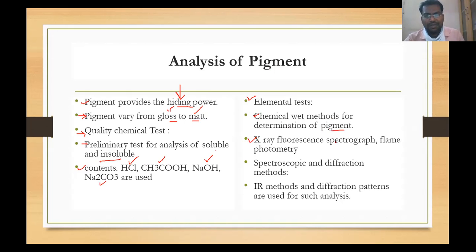Then X-ray fluorescence spectrophotometry and the flame photometry. So these are some techniques available for the analysis of these polymers, pigments. Then spectroscopic and diffraction methods are also used, and IR methods and the diffraction patterns are used for all such kinds of analysis.